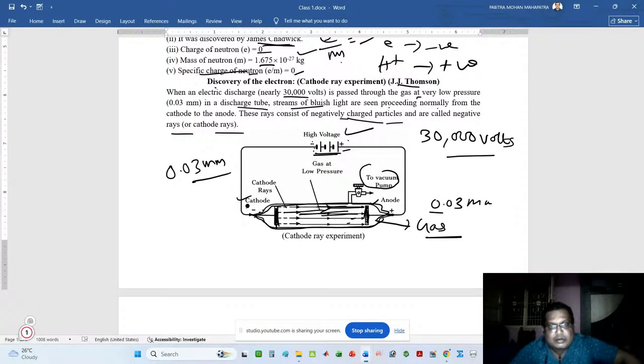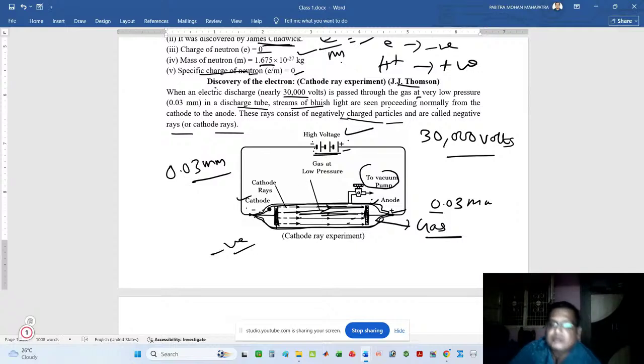Since the cathode is attached to the negative terminal, it must be negatively charged, and it is also proved from the flow of the cathode ray from cathode to anode. Since the cathode ray moves from cathode to anode, and the anode is positive, we know that opposite charges always attract each other.